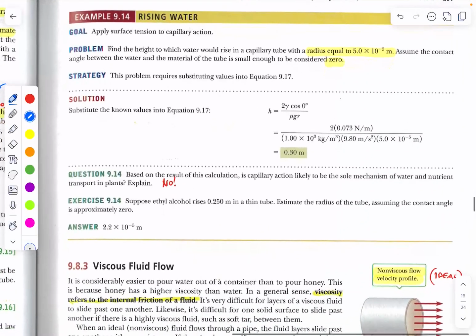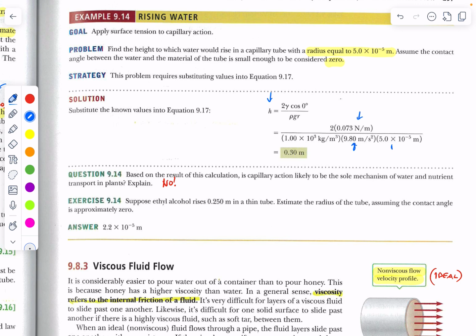And again, the math is pretty much plug and chug, where you take the equation for the height that we just derived earlier, and it's a matter of plugging your numbers in, where you can find the newtons per meter capillary force, and you look up your other numbers. There's your gravity, 9.8.